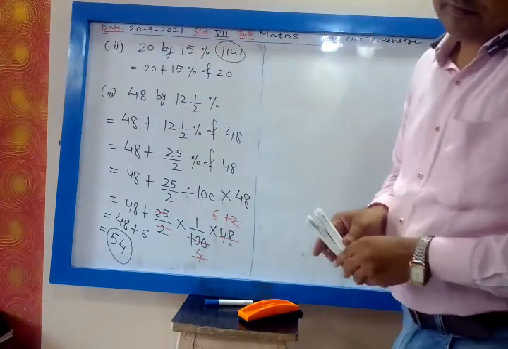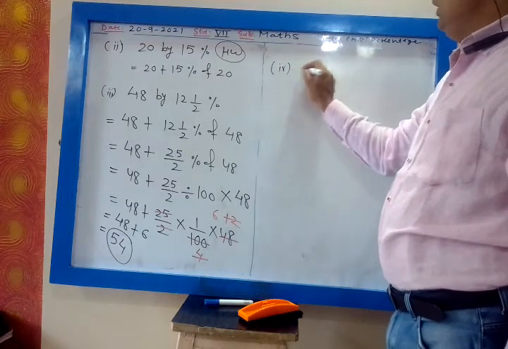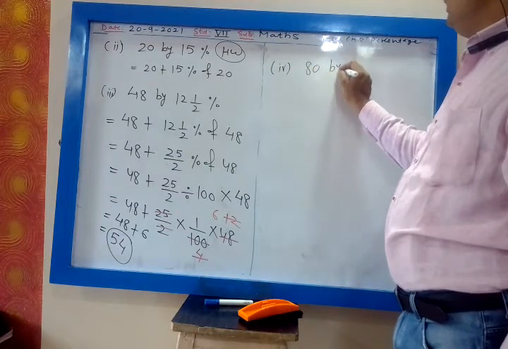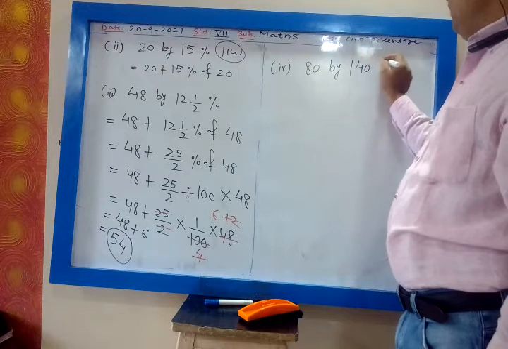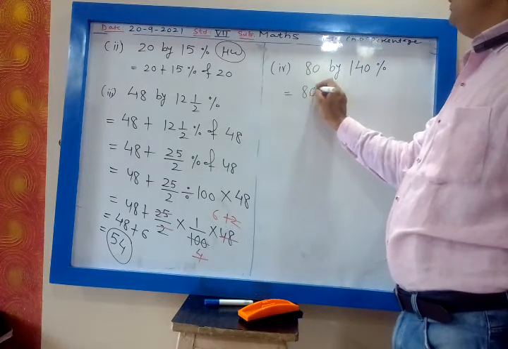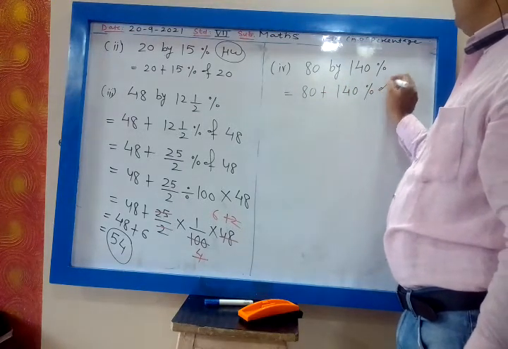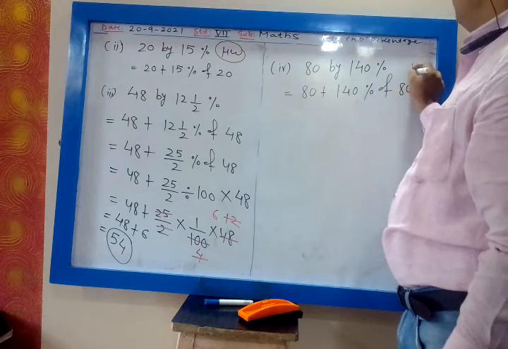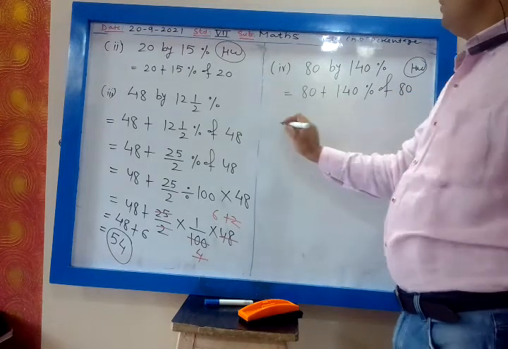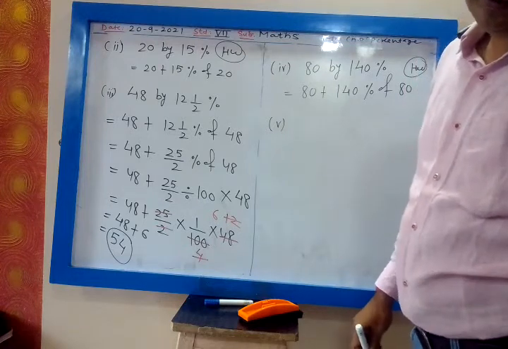Increase 80 by 140%. Should I give homework? 80 by 140% means 80 plus 140% of 80. Now the further part is homework. Then the fifth one. Increase 1000 by 3.5%.